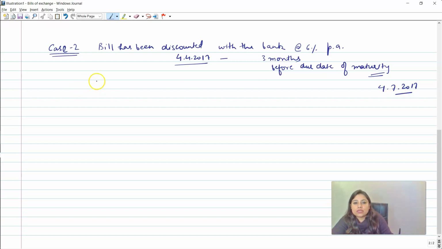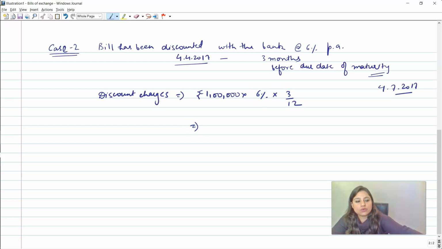Now, in order to ascertain the discount charged by the bank, the discount charges on discounting of this particular bill would be rupees 1 lakh into 6% into 3/12, which comes out to 1,500.